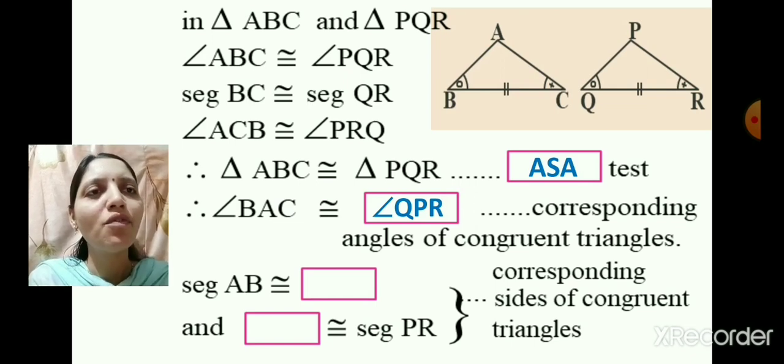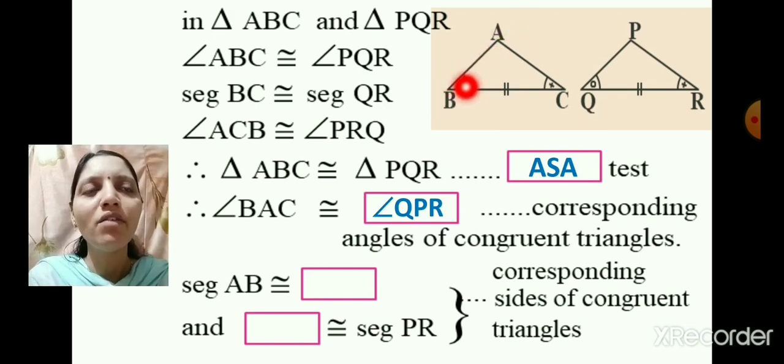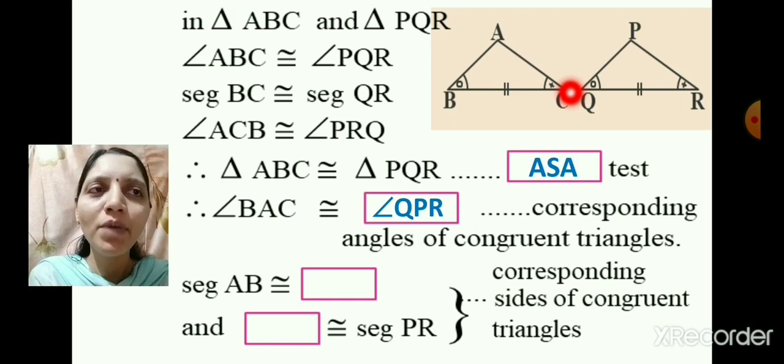Similarly, if this segment is shown as congruent, these two segments we have to show. So segment AB will be congruent to segment PQ, because these two are the corresponding sides of these two triangles.